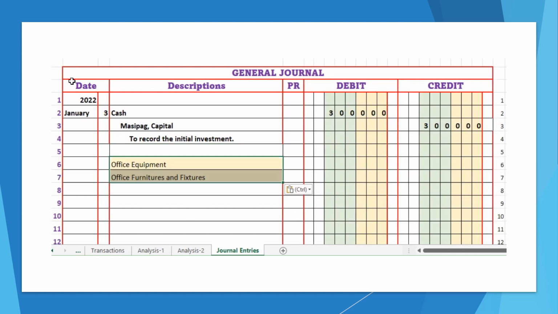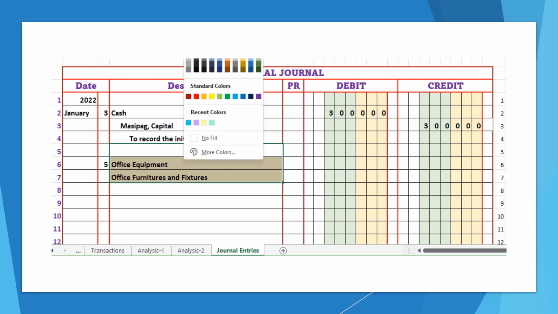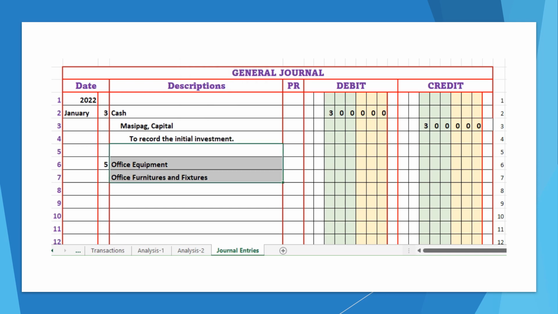So write 5. So do not write January anymore. So the amount for office equipment is what? How much? 30,000.